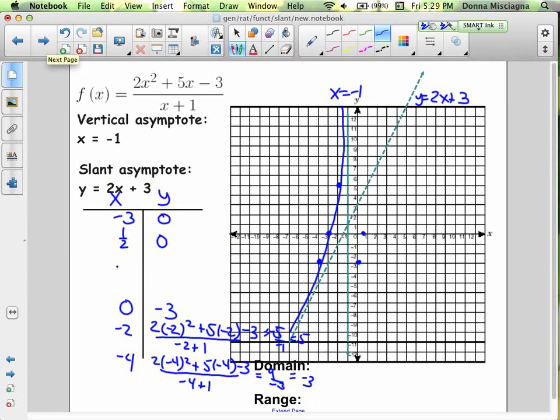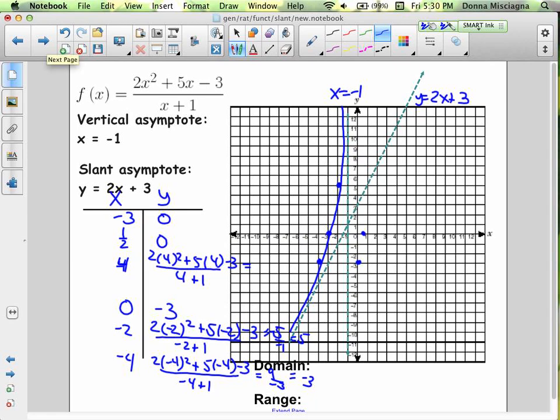All right, so I said I wanted to use 4. Let's use 4. So we have 2 times 4 squared plus 5 times 4 minus 3 divided by 4 plus 1. So that's going to be 16 times 2 is 32. And then plus 20 is going to give us 52 minus 3 is going to give us 49, right?